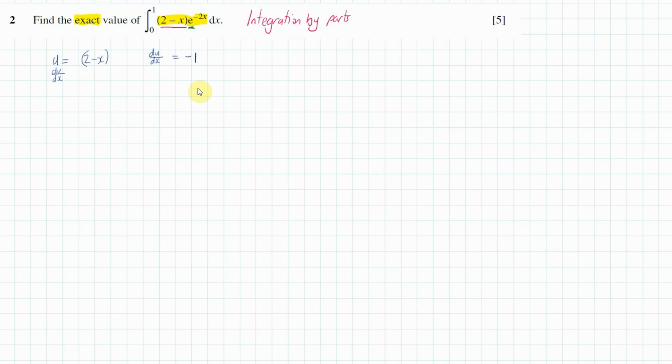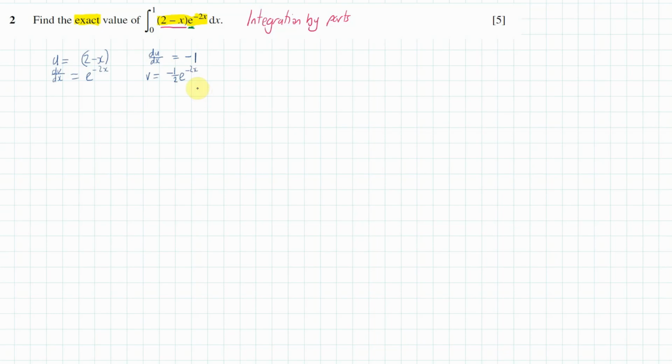That's what we want. dv dx will therefore be the e to the minus 2x, and therefore v, we'd have to integrate this, so it will be minus 1/2 e to the minus 2x. If you're a little bit hazy on integrating functions of e, then perhaps you want to go back and look at that part of your textbook.